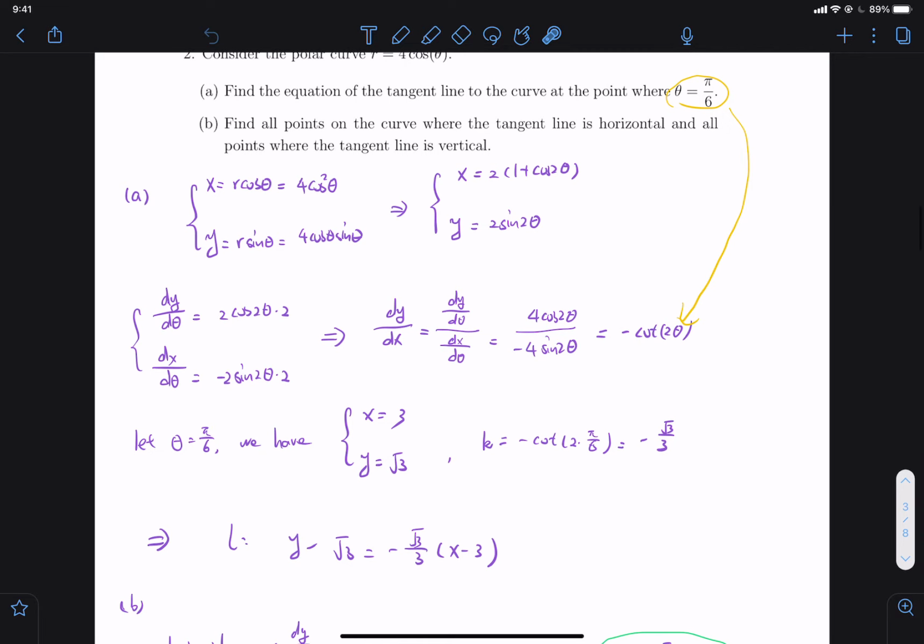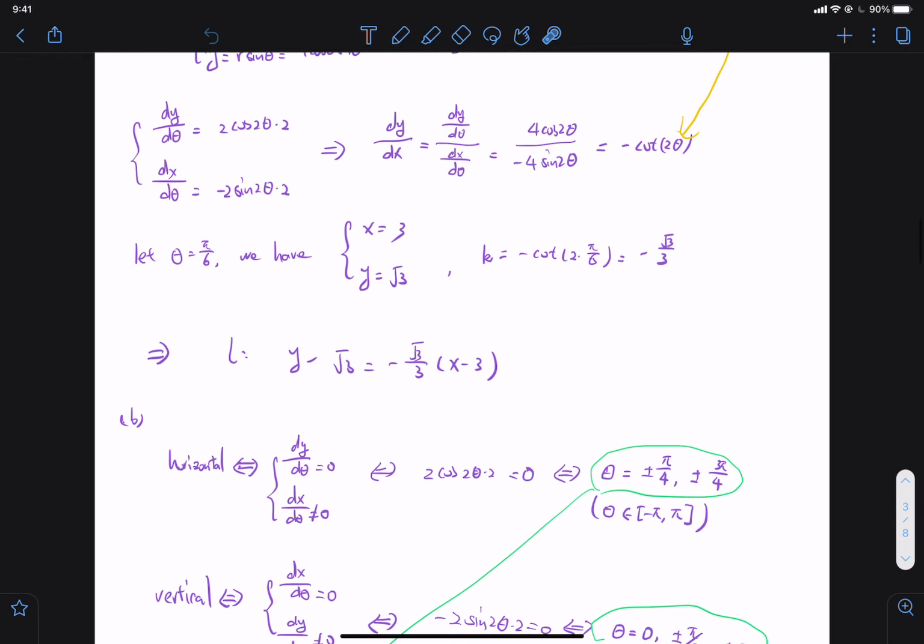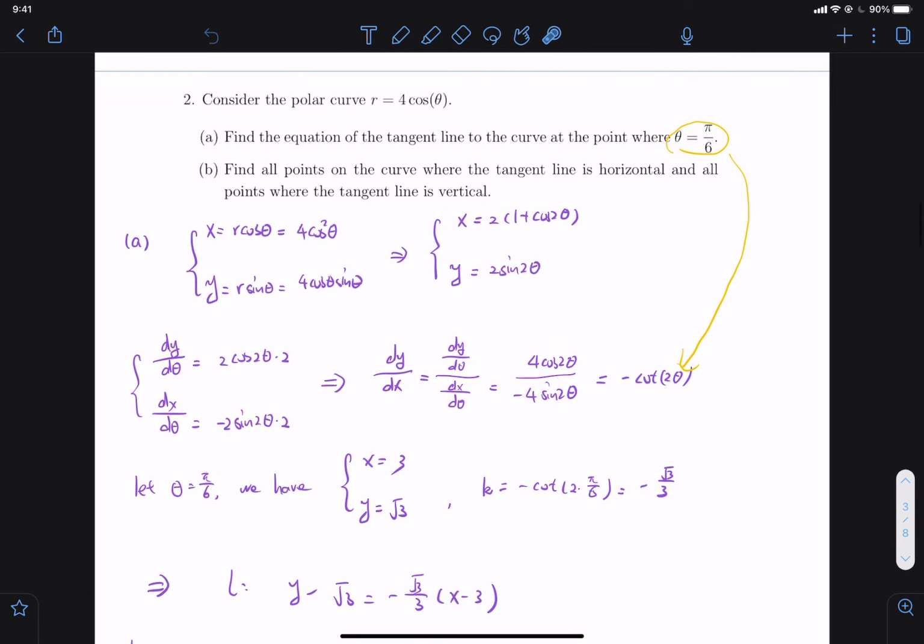So that is the only thing to do. And then for the horizontal tangent line, you're looking for dy over d theta equal to 0 and dx over d theta not equal to 0. Okay, it seems that I skipped the question 1 here, so let me say a little bit about that. It's a tangent line at this point theta equal to pi over 6, right?